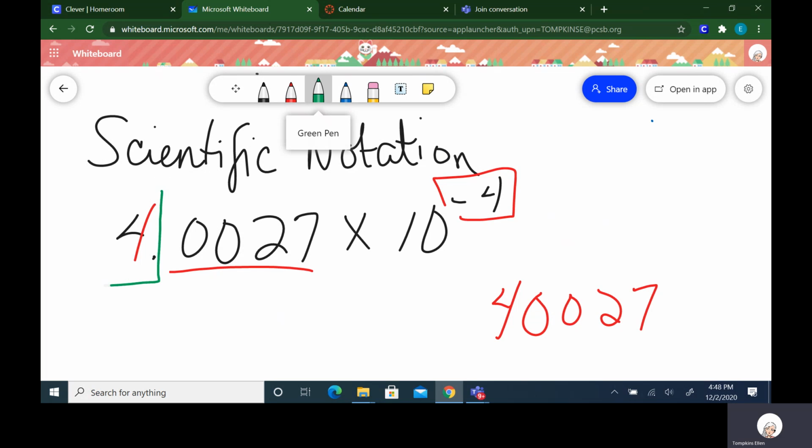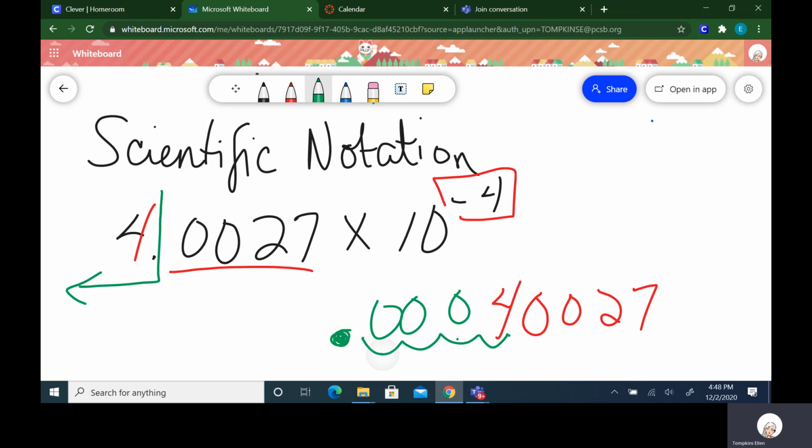Okay, now I need to get negative 4. So my places have to go that way. So it was starting right here. I need 1, 2, 3, 4. My decimal is going to be here. My new one. So 1, 2, 3 leading zeros. So truthfully, when you look at these small ones, this number here, that 4 here, has to occupy that spot. And then there's zeros in front of it. And then all the rest of it follows behind it.